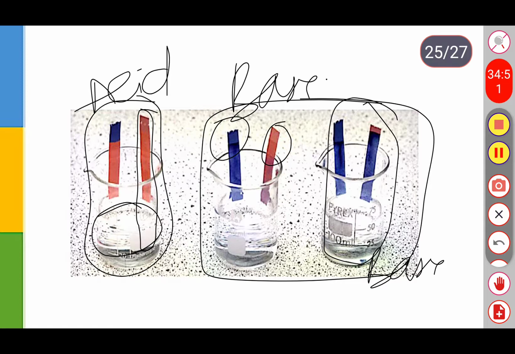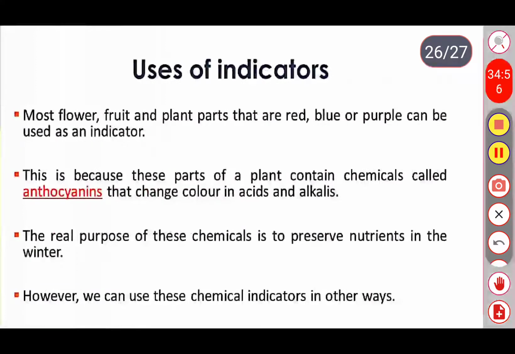Now see the uses of indicators. First one is most flowers, fruits and plant parts that are red, blue and purple can be used as indicators.